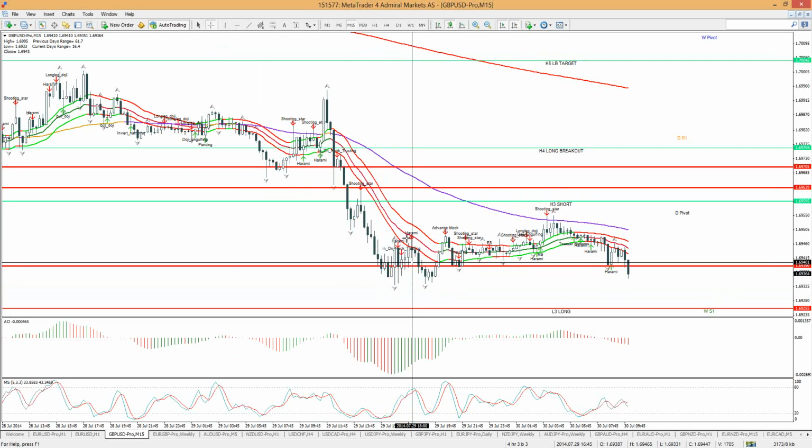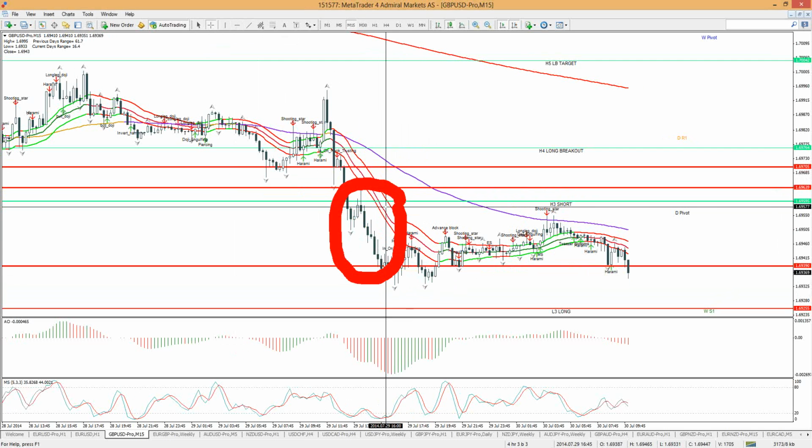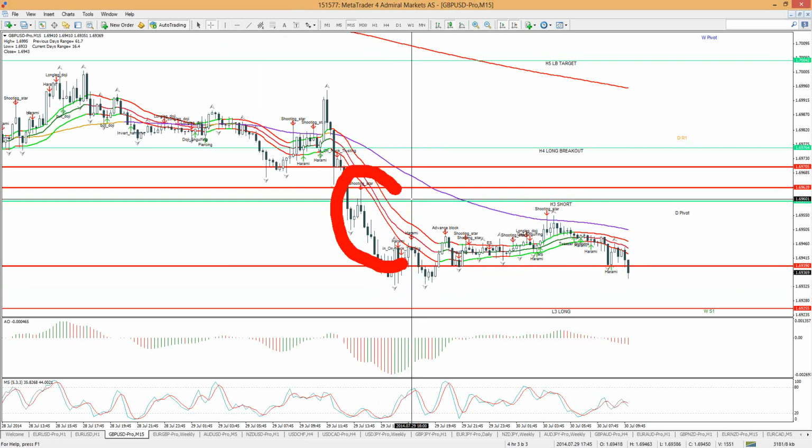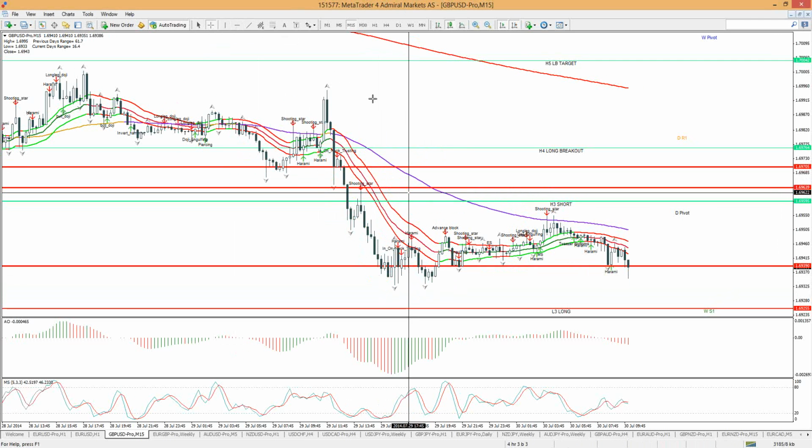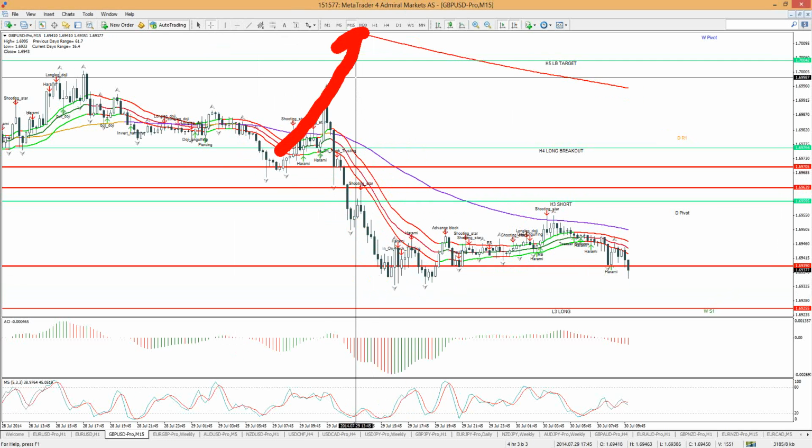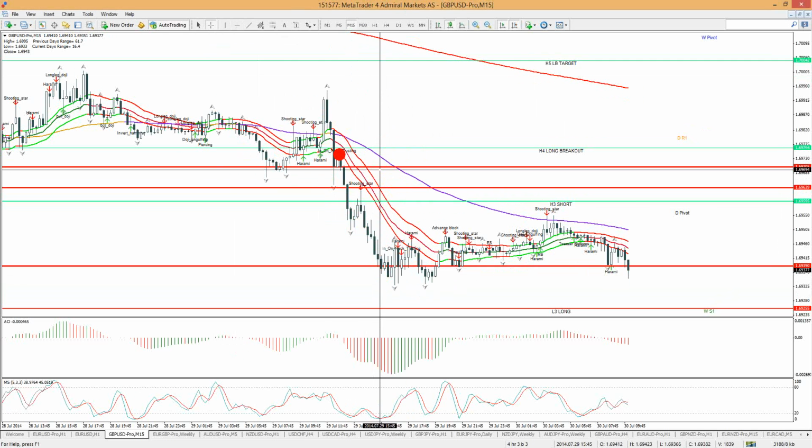But this was the move of the day. Let me say it this way, right? And prior to that, we just had some consolidation. Well, we didn't get up to the level I wanted to short it, but eventually, if it doesn't go up enough, then the breakout is the only choice.